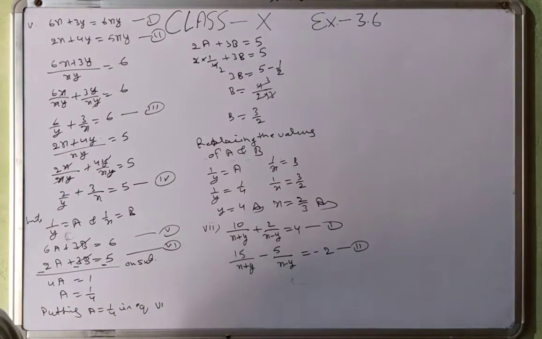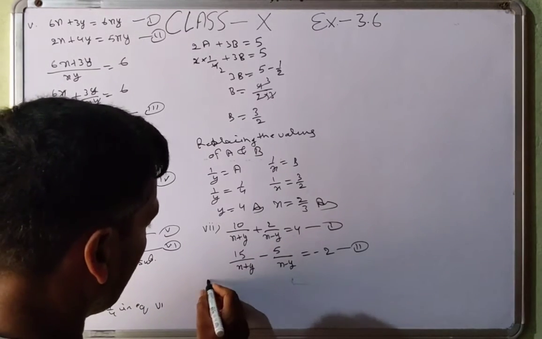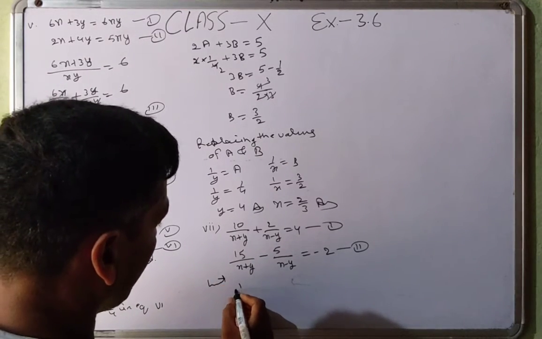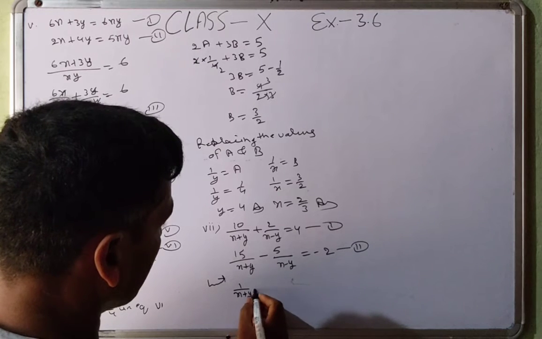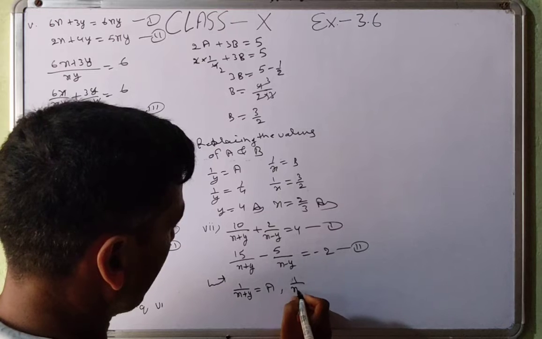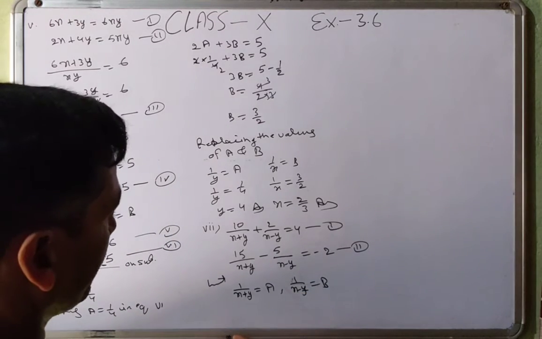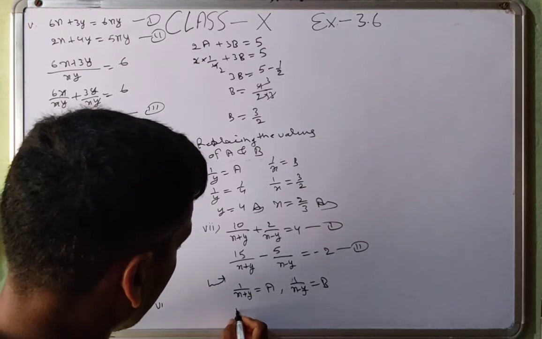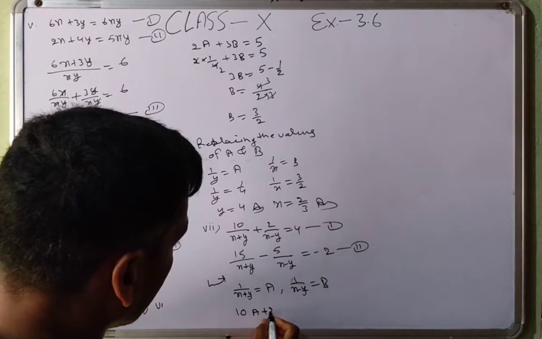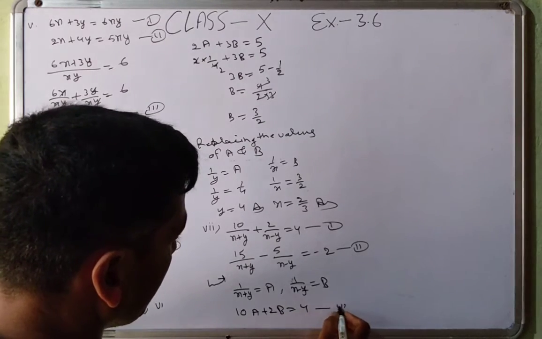Now here we will let 1 upon x plus y is equal to a, and 1 upon x minus y is equal to b. So that equation will be 10a plus 2b is equal to 4. This is the third equation.